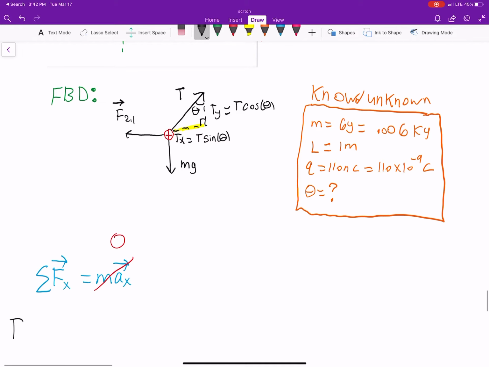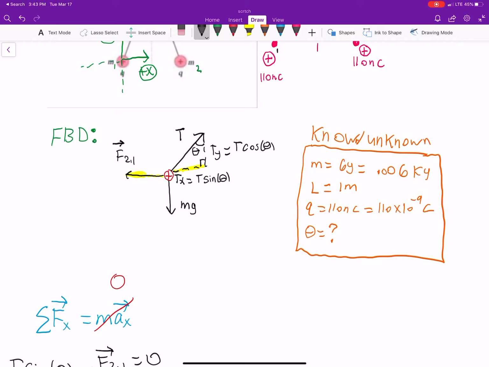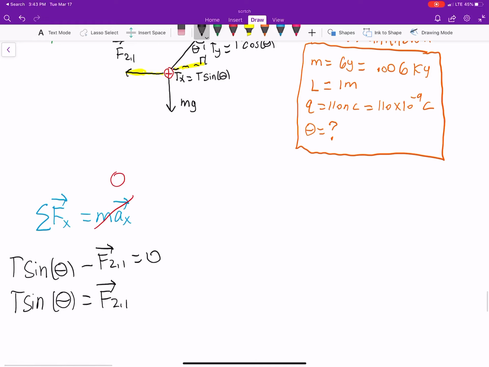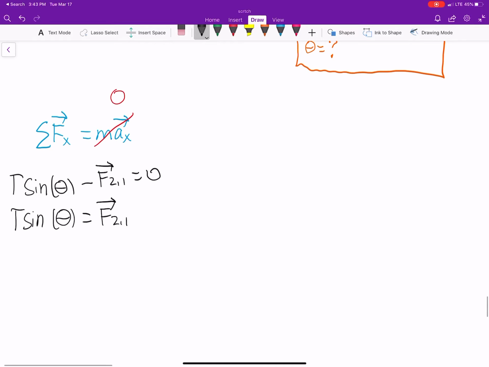Now force 2 onto 1, that's coming from the push of 2 onto 1, the repulsion force, which is given by Coulomb's law. And we've talked about Coulomb's law. So I can replace that, T sine of theta, with k, the absolute value of q1 times q2, divided by the distance between them squared.